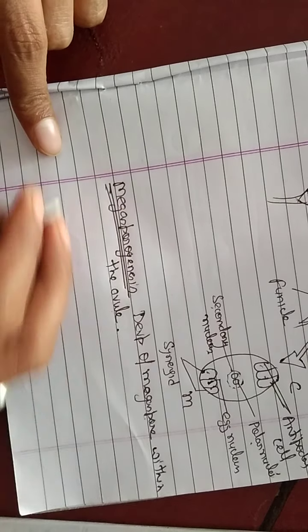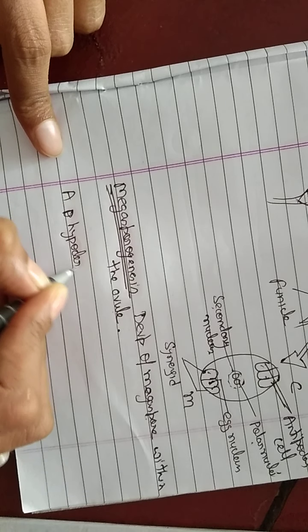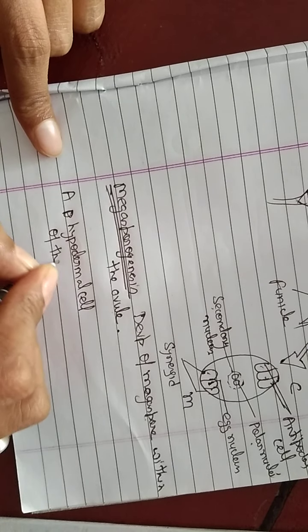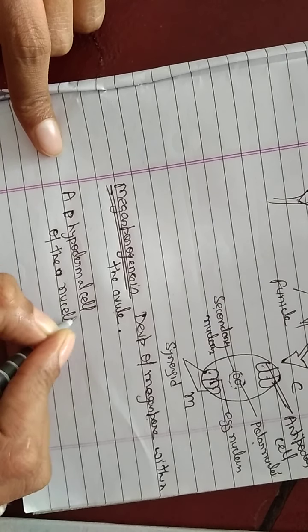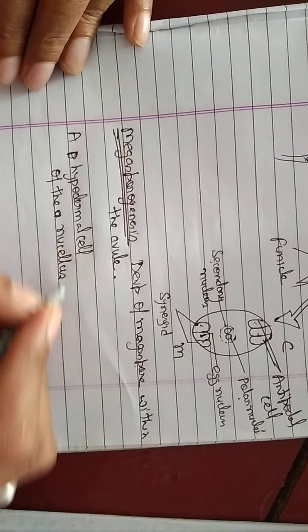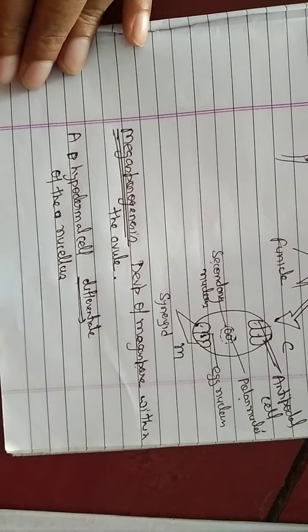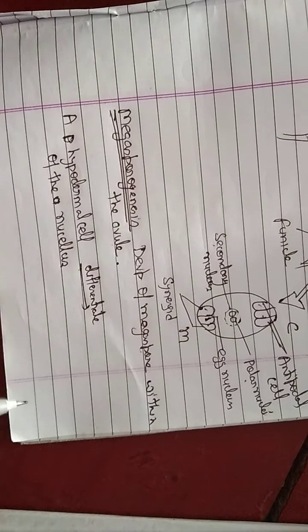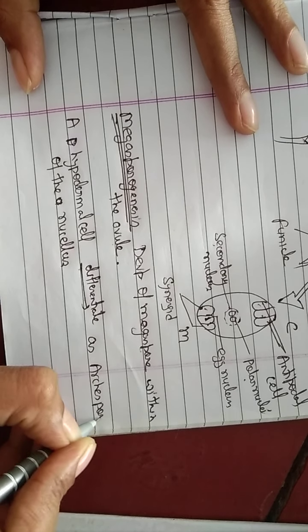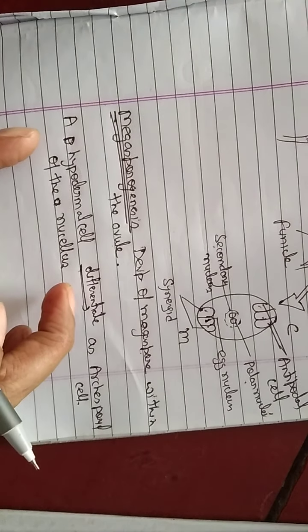How does it start? A hypodermal cell of the nucellus differentiates as an archesporial cell.